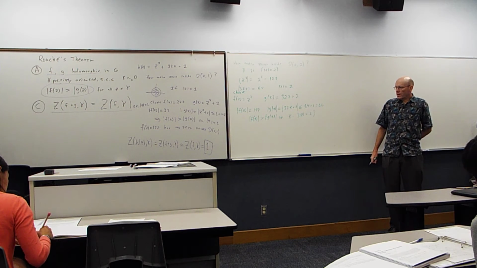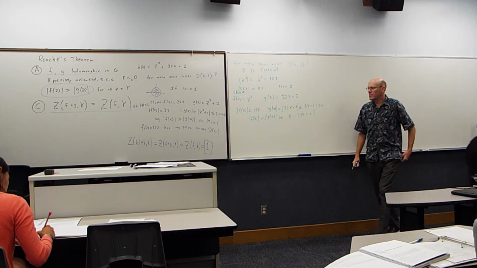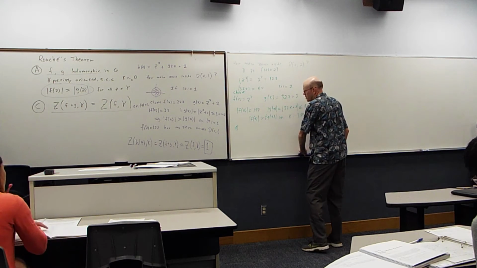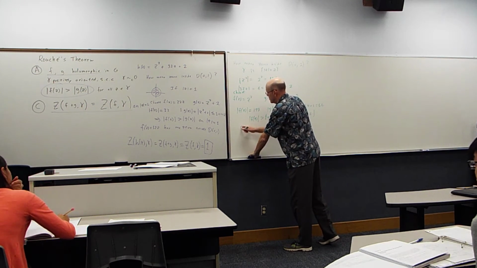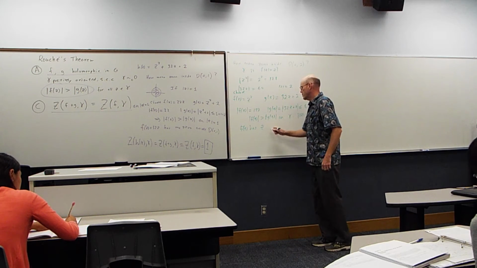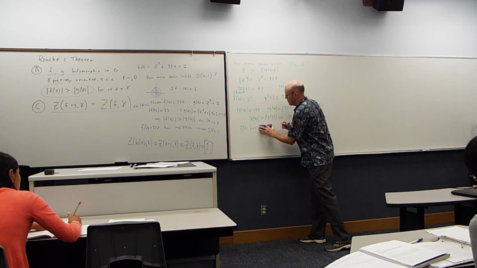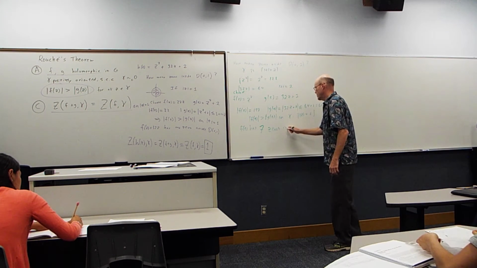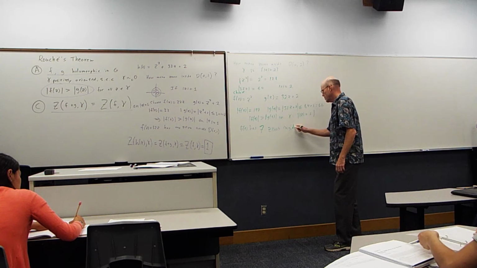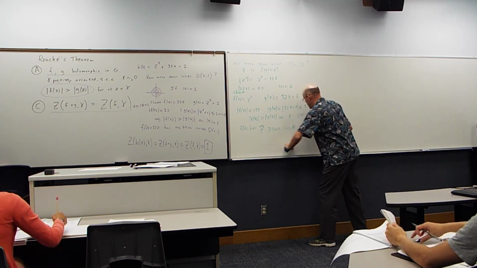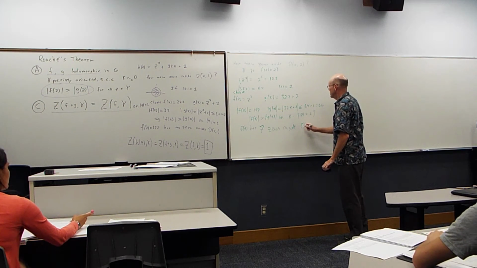And so by Rouche's theorem, f of z has how many zeros inside? 7, in this disk right here.